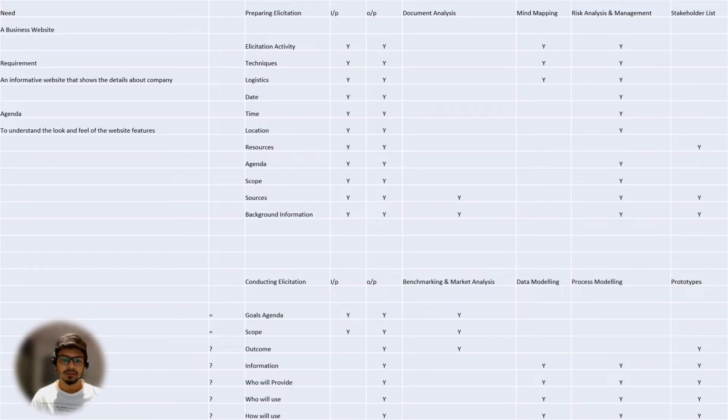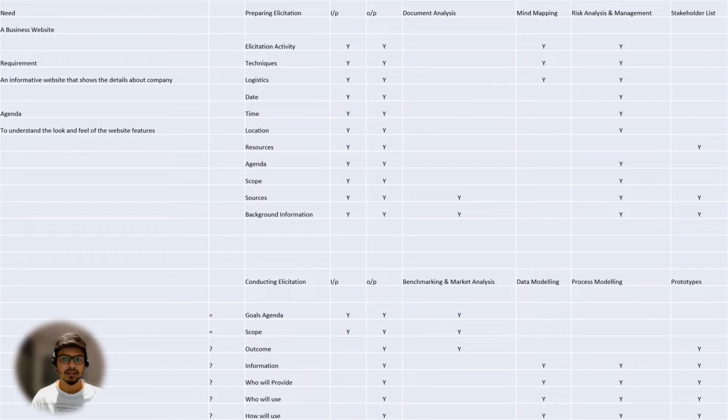Coming to the logistics. Now you want to identify the look and feel of website features, right? The thing here is you want to conduct an online meeting. That is actually the logistics. You're gonna invite people on Teams or on Google Meet. That is your logistics. And you're gonna set up an agenda, and you're gonna set up a date, time, and location for that particular meeting. That comes under logistics.